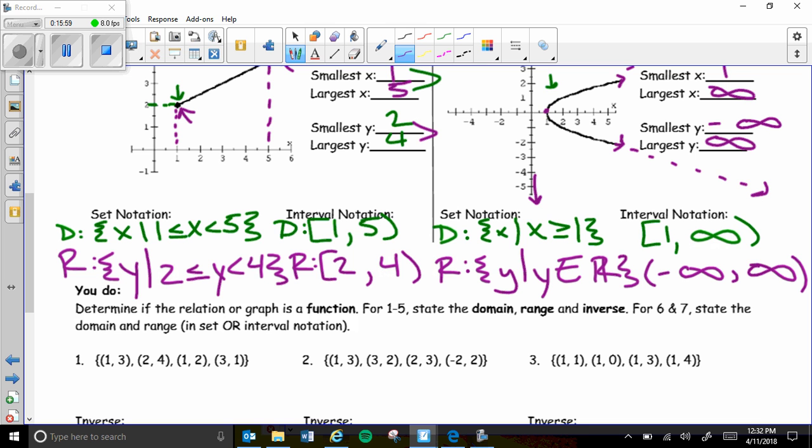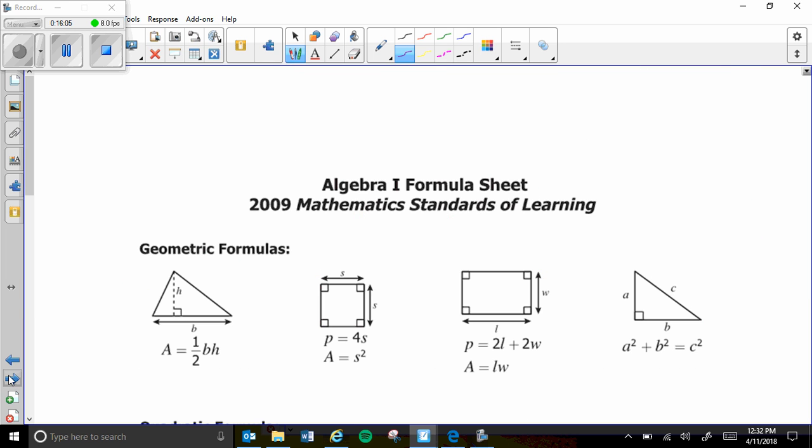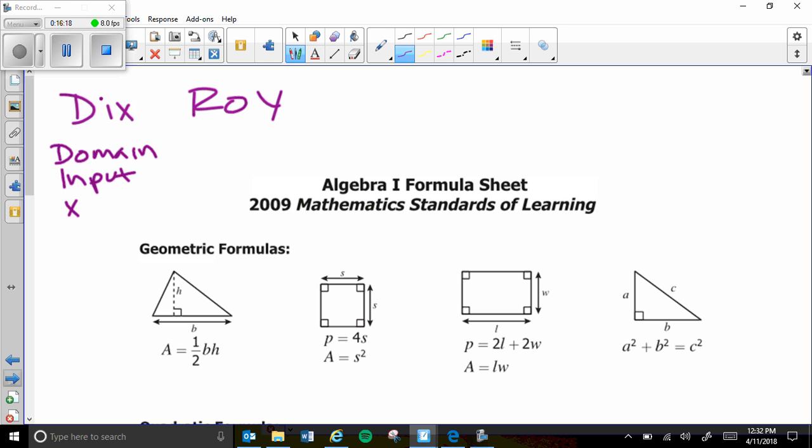Before we move on to your UDOs, we're going to go add to our formula sheet. So at this time, if you could please pull that out. DIX and ROY, which stands for domain input X value, and then range output Y value.